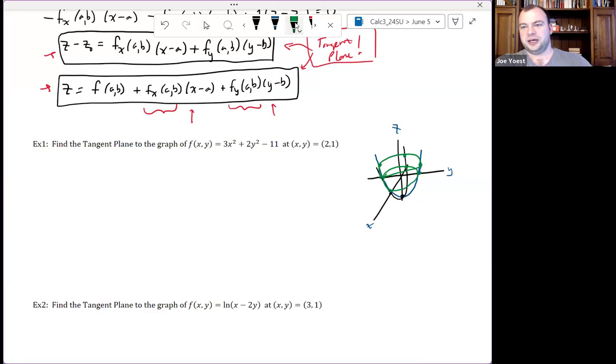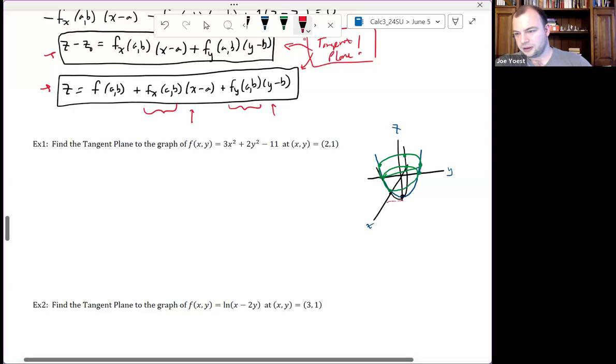At the point xy equals 2, 1, that's, say, maybe in my xy plane, maybe that's like a point here. So 2, 1, f of 2, 1 is this point in 3-dimensional space. I'm looking for a normal vector and a tangent plane at that point.